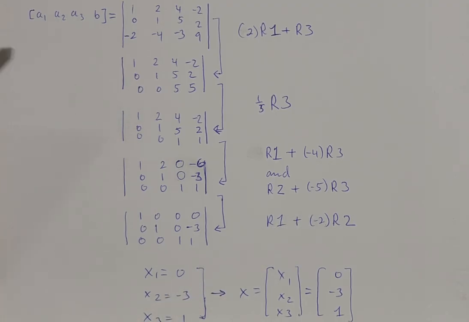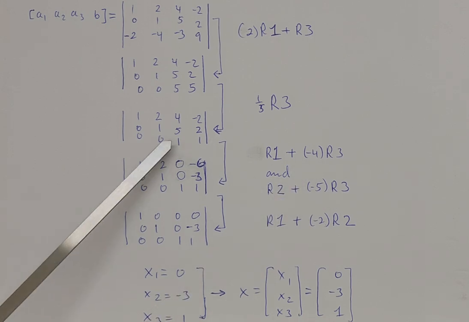Okay? So let's take care of this 4 first. The opposite of 4 is -4. So multiply -4 to R3 and then add to R1.